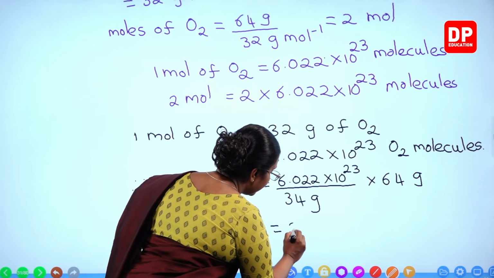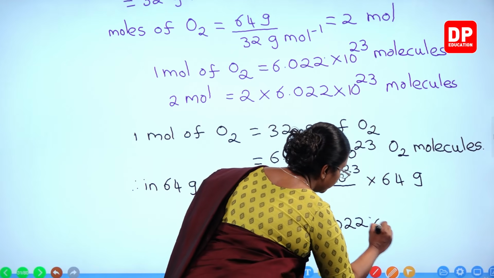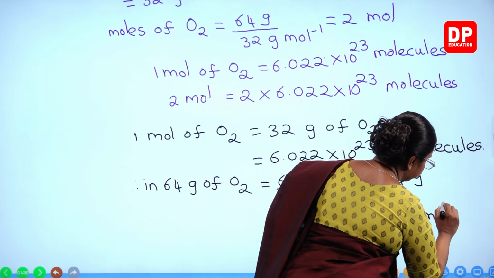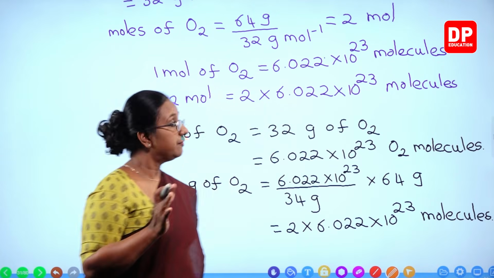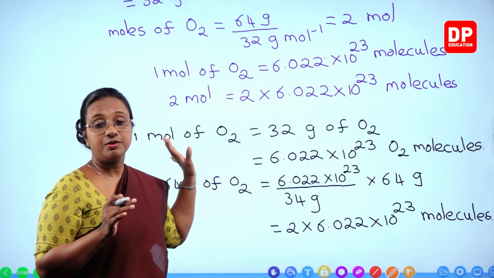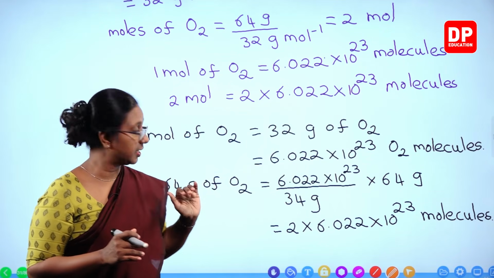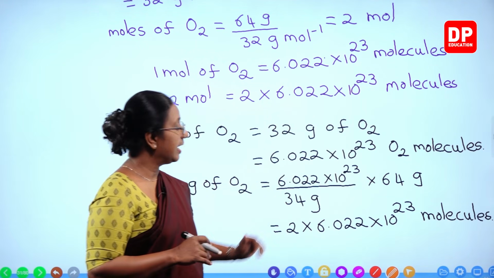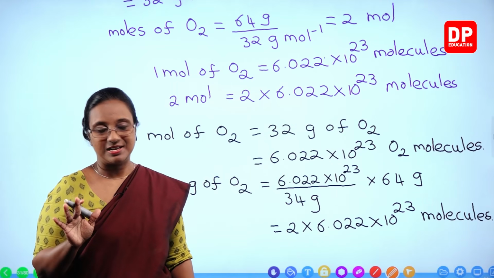Still, you will get the same answer, 2 into 6.022 into 10 to the power of 23 molecules. So if you are used to the first method, find the number of moles, then find the number of molecules. Or else you can combine and write this equation and find the number of molecules. Either way, you will get the same answer.